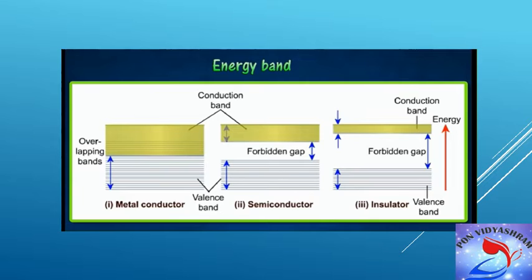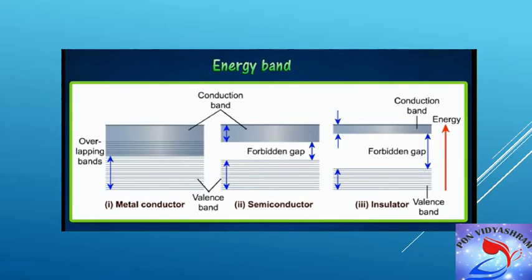In case of insulators, we have a large energy band gap, and due to this large gap the electrons cannot move from the valence band to the conduction band. In case of conductors, the valence band and the conduction band overlap with each other, so the energy gap is zero there, and the electrons can easily move from the valence band to the conduction band.